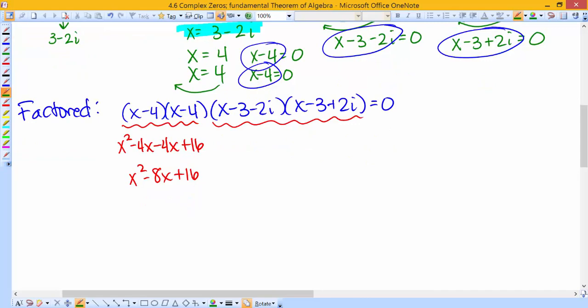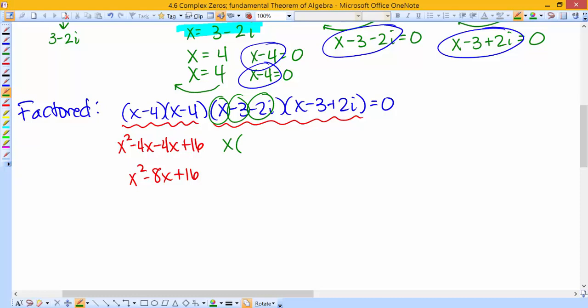Okay, now I'm going to multiply this second pair of parentheses. I'm going to look at these as three different things that I need to distribute. I need to distribute x, I need to distribute -3, and then I need to distribute -2i.